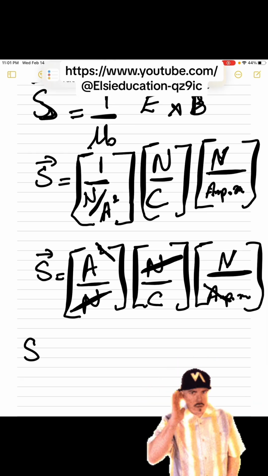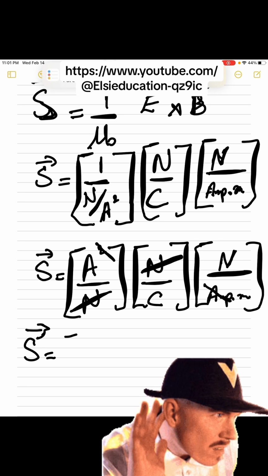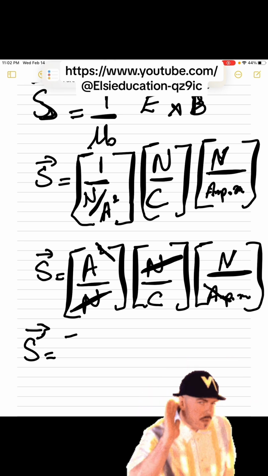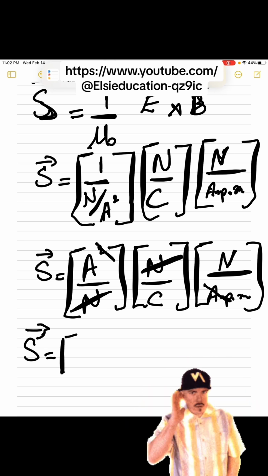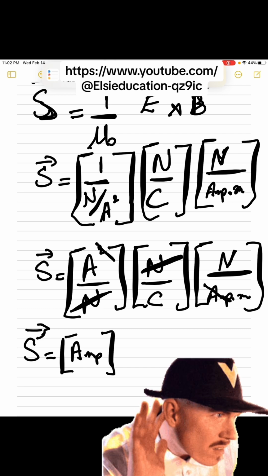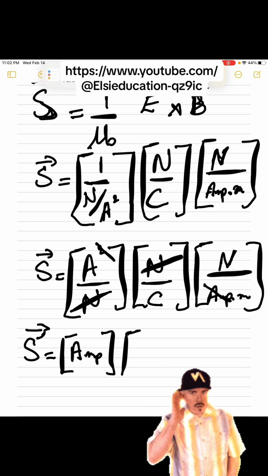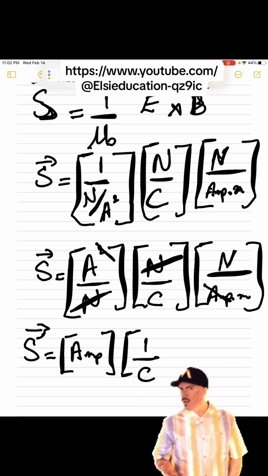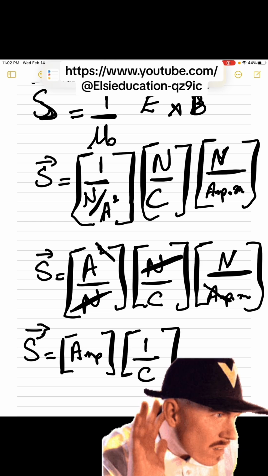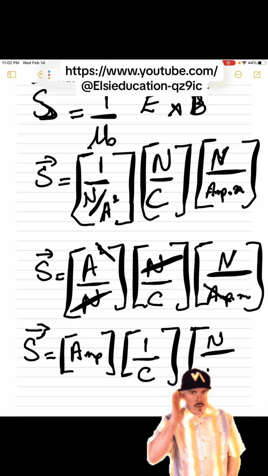So what do we have left here? We have the amp multiplied by 1 over Coulomb multiplied by Newton meter.